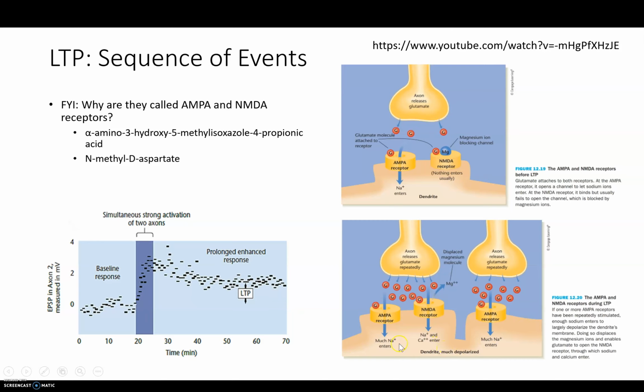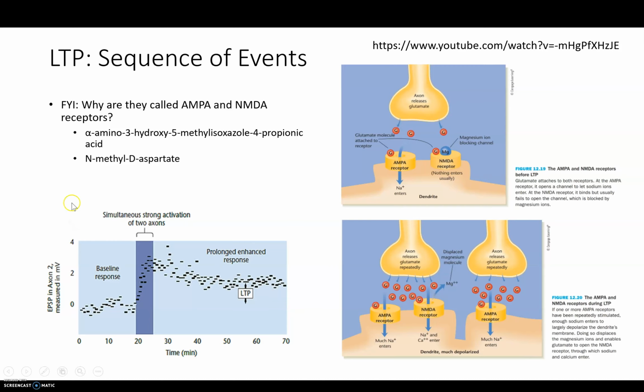Or it may signal the cell to produce some more. The end effect is that there are more receptors on the postsynaptic neuron to receive the signal. The next time this presynaptic neuron fires and releases glutamate, there's going to be more AMPA receptors to receive the signal, and it's going to lead to a greater depolarization in the postsynaptic neuron.